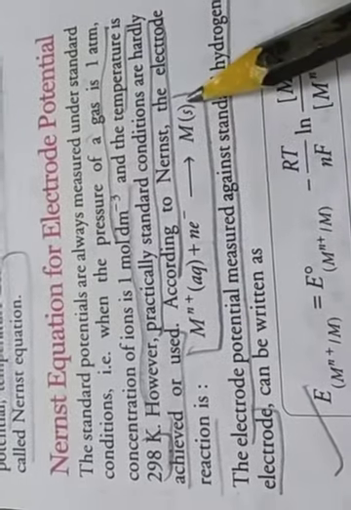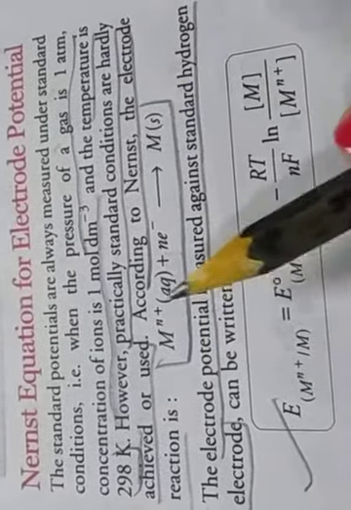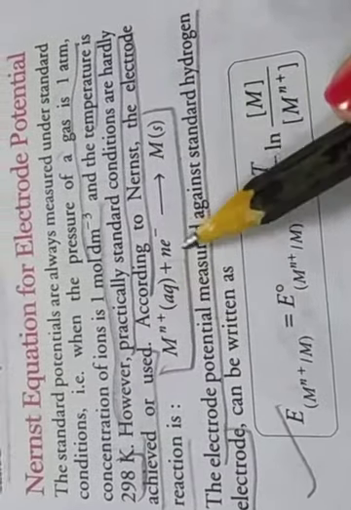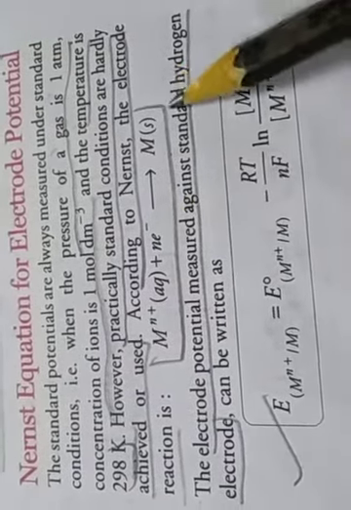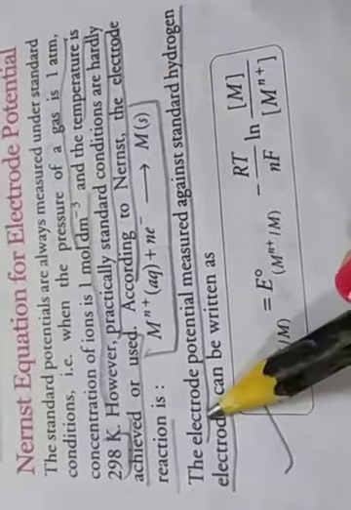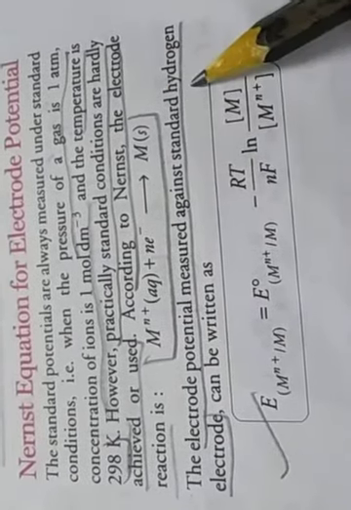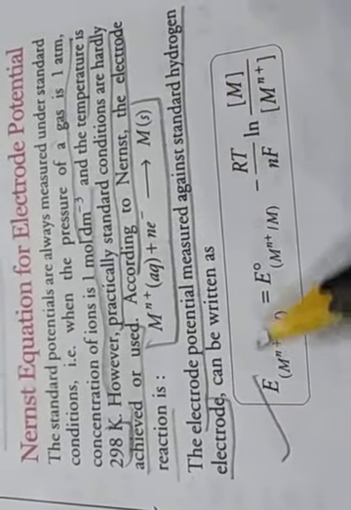So according to Nernst, the electrode reaction is M^n+ gaining n electrons and converting into M solid. So the electrode potential is measured against SHE, the standard hydrogen electrode.